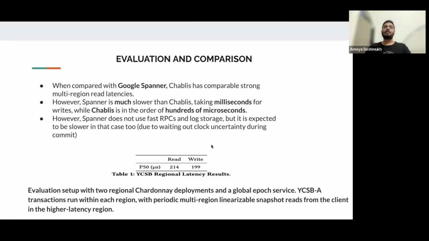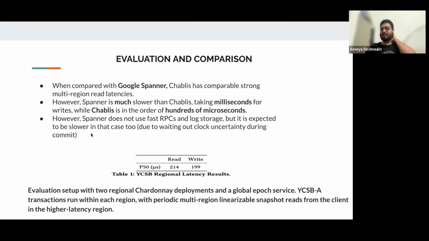The scenario here is the case we just described using the snapshot read algorithm, which is single-region reads, multi-region writes. However, irrespective of what write Spanner does, it's much slower than Chablis, taking on the order of milliseconds for any sort of writes, while Chablis is on the order of hundreds of microseconds.